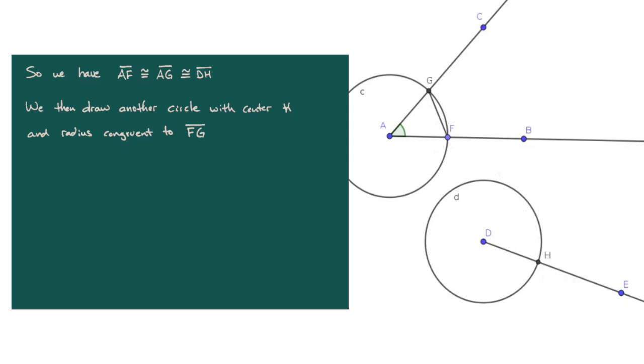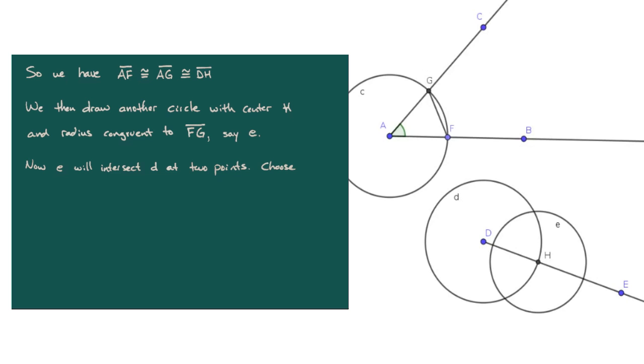And so if I do that, let's call that circle E. Now what happens, E will intersect d at two possible points. So if we choose one of those points, it doesn't really matter which one, and call it I, then that's going to give us another ray, DI.